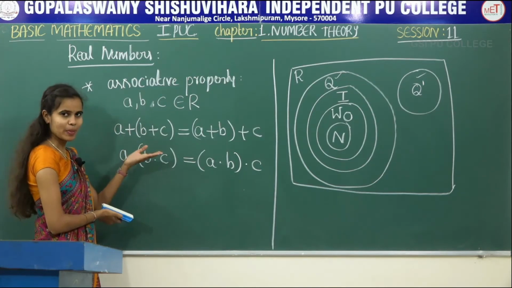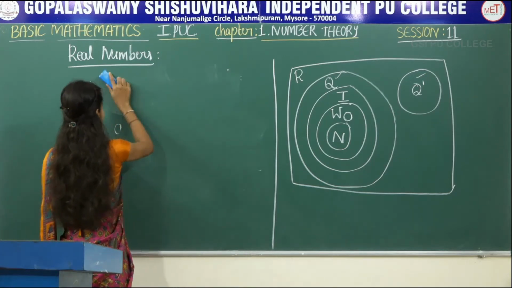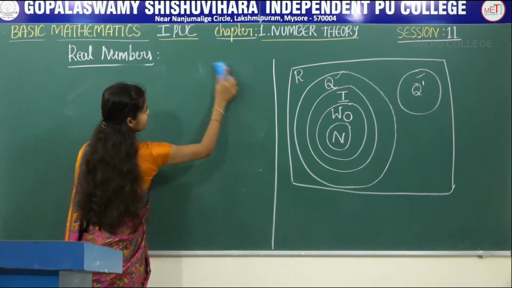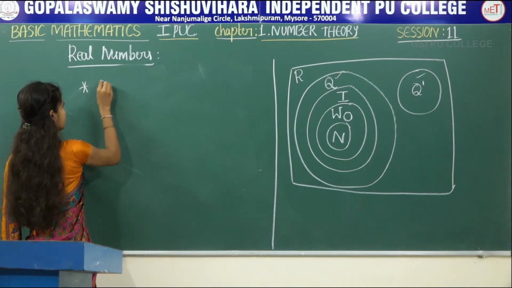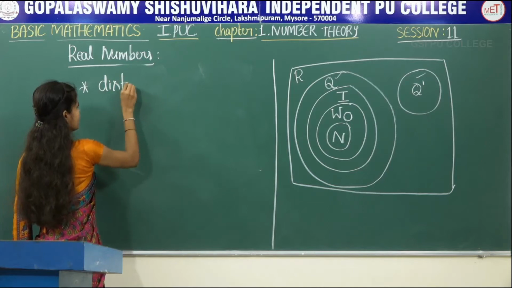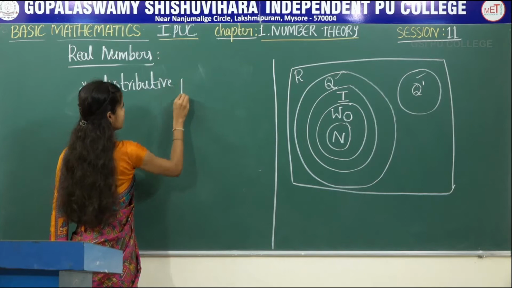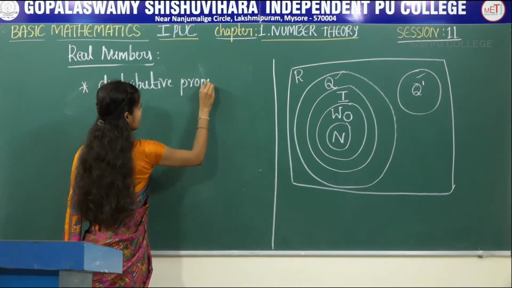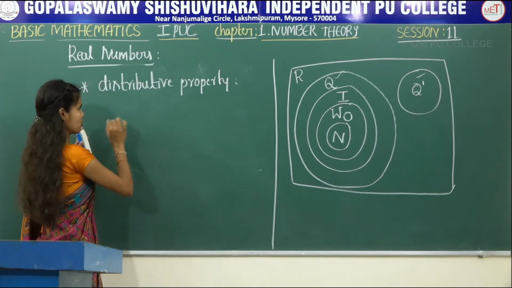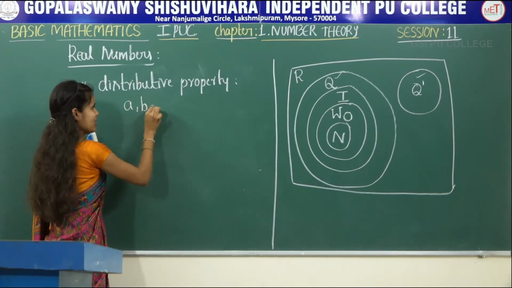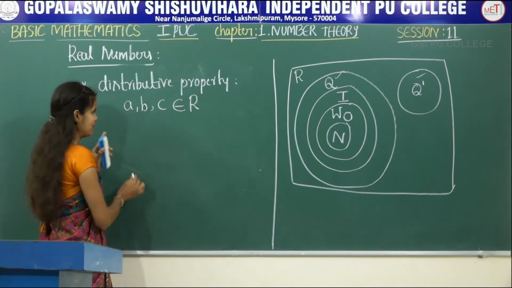Okay. The next property is the distributive property. Here also consider three real numbers a, b, c belonging to R, which means a, b, c are real numbers.